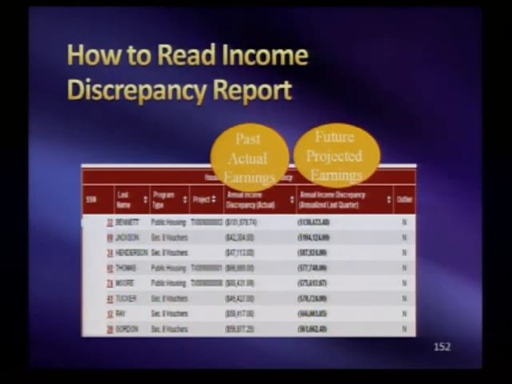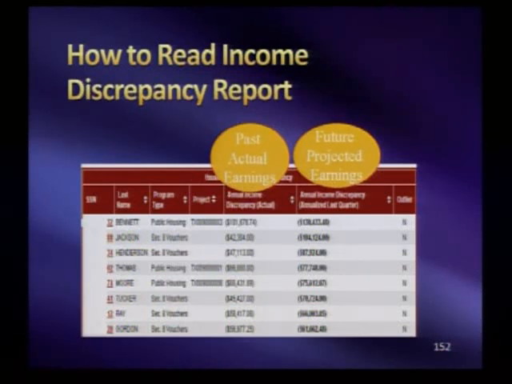And what the system has done is it's calculated the actual discrepancy between PIC reported and EIV reported information at the time that you did the last annual reexamination. So what the system is basically telling you is that if you had EIV information at the last annual reexam, this is what should have been reported.